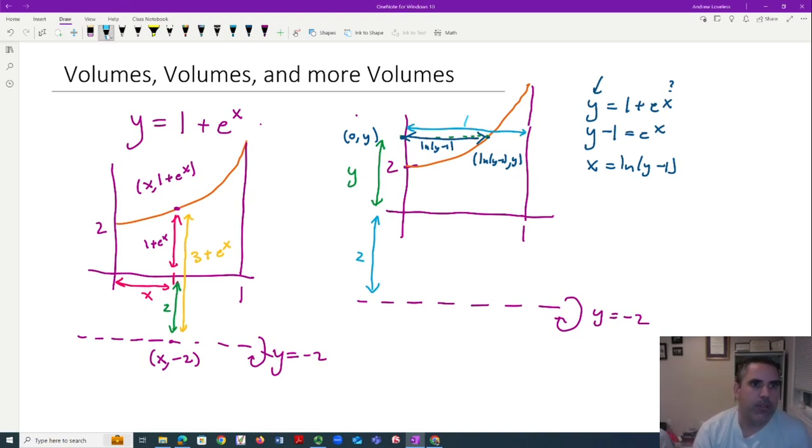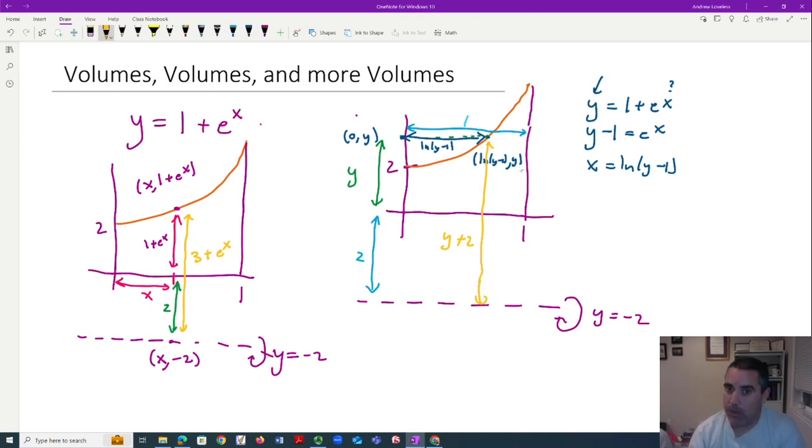And notice that I should have labeled one more thing, which is how far is it from here to here? And that's still going to be top minus bottom. If you love doing top minus bottom, you can. But I personally would just look over here and I would say it's y plus 2.